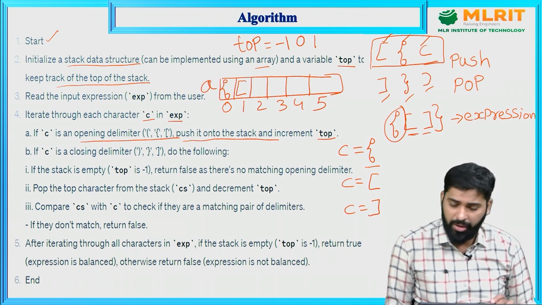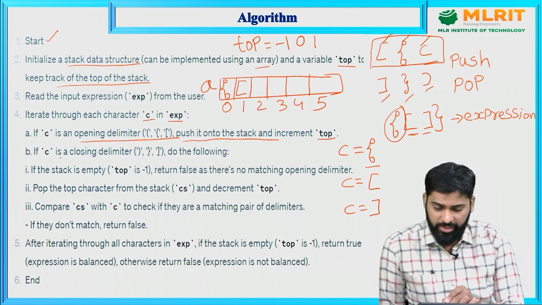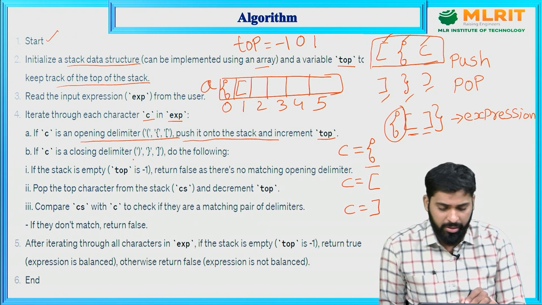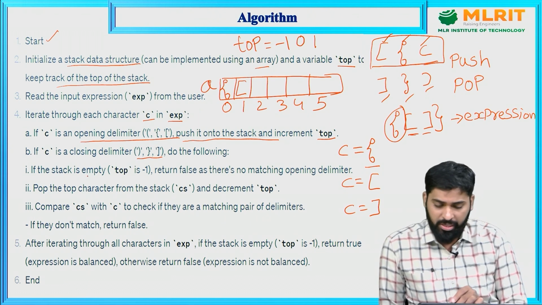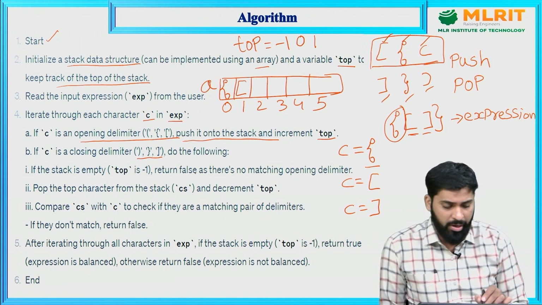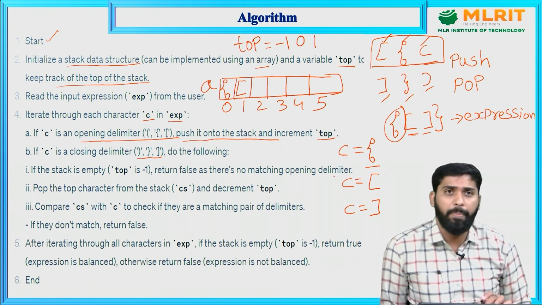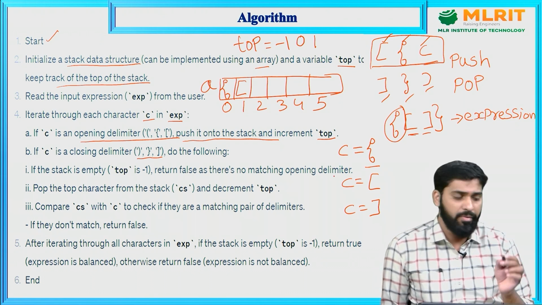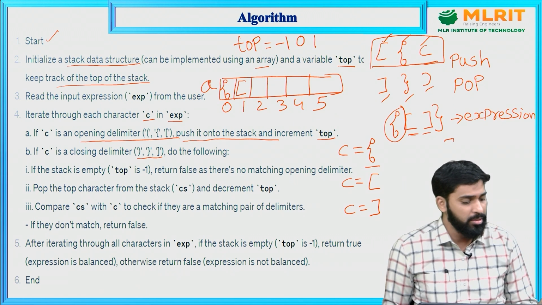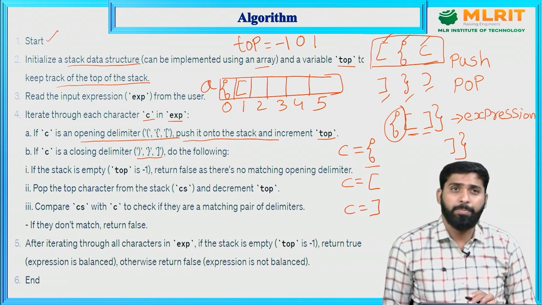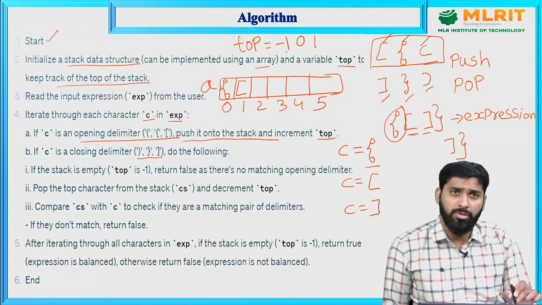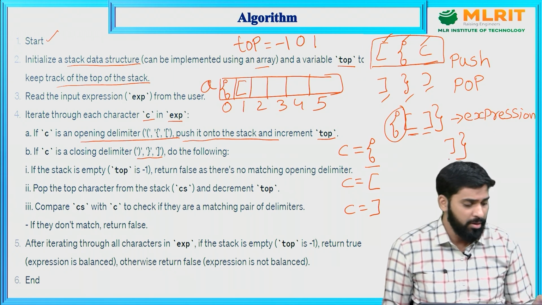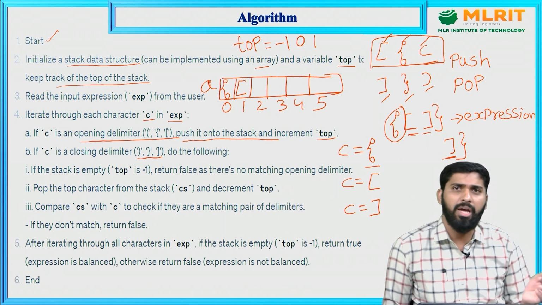Now you check: if C is a closing delimiter, so now we are going to do this. If the stack is empty, then return false as there is no matching opening delimiter. For example, if the given expression is like this, initially the top equals -1, but here we are getting one closing bracket, so it is unbalanced.